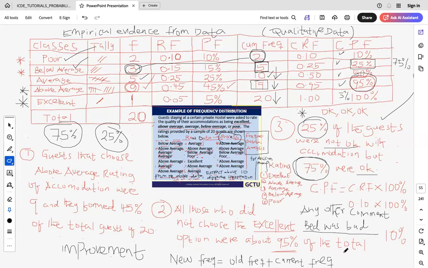Or the lighting system is bad. Or the water system is bad.